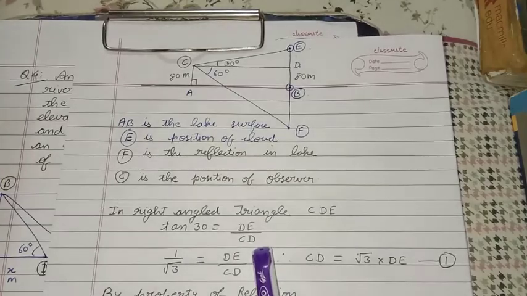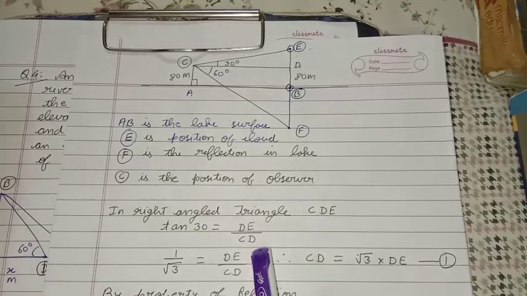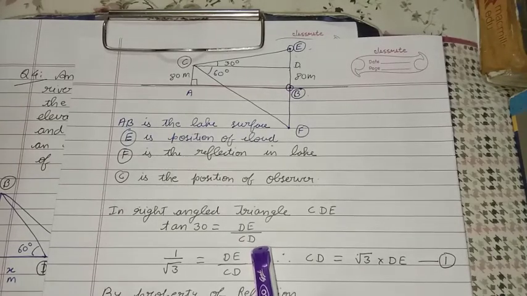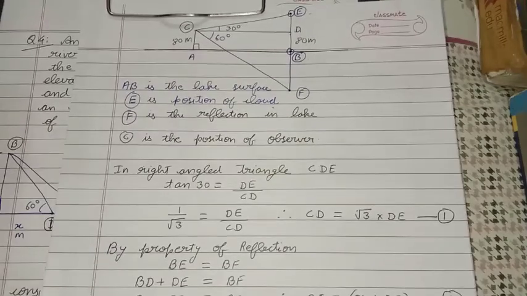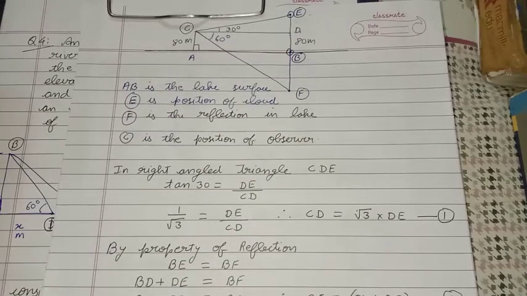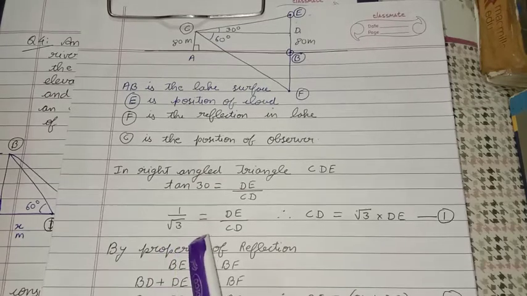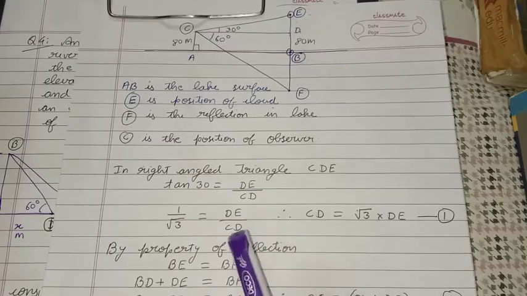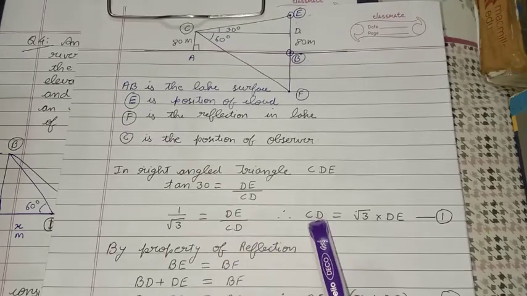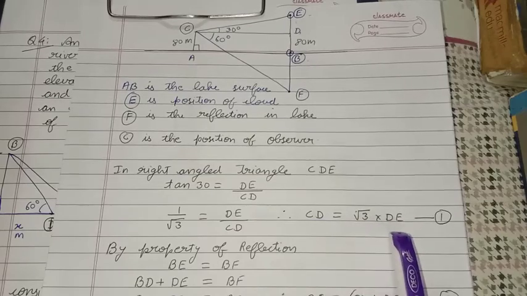When you are watching this video, just draw a triangle in your notebook and then solve this, so it will be more clear to you. Tan of 30, do you remember? I told you to remember the values. Tan 30 is 1 by root 3, equal to DE upon CD. So finally CD is equal to root 3 multiplied by DE.